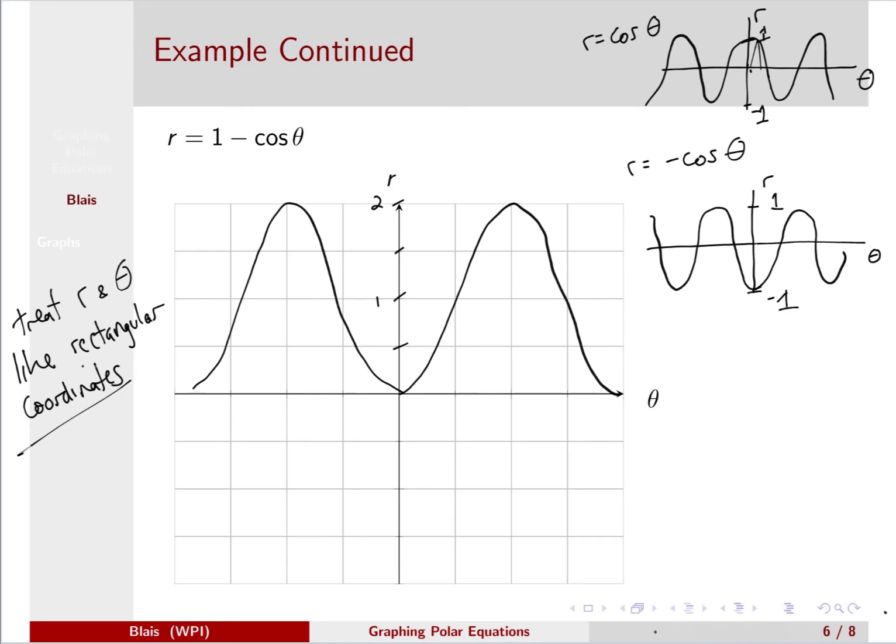And again, this is treating r and theta just like rectangular coordinates. And we can label some things here. We can base everything on this original cosine graph. So we know cosine had a root at pi over 2, so this graph actually hits 1 at pi over 2, and also at minus pi over 2.